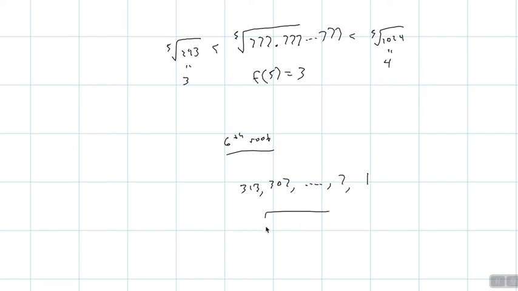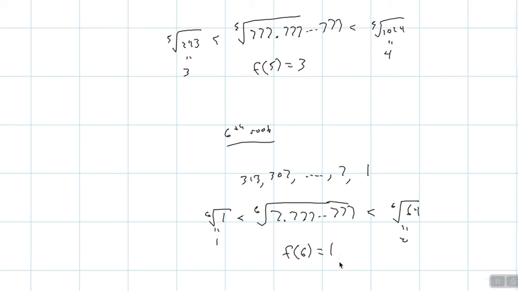So we'd have 7.777. The sixth root of that is in between the sixth root of 1 and the sixth root of 64, which is 2. It's equal to 1. So f of 6 is equal to 1.